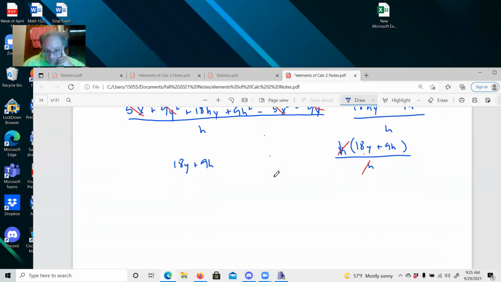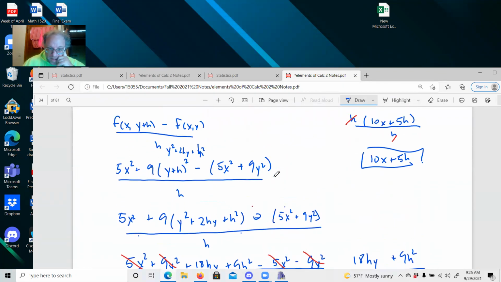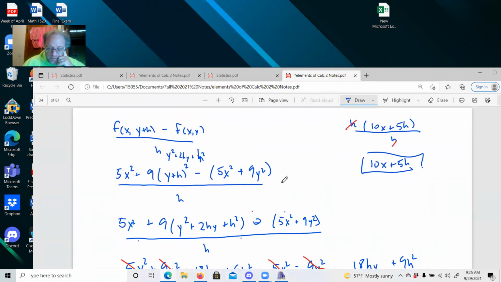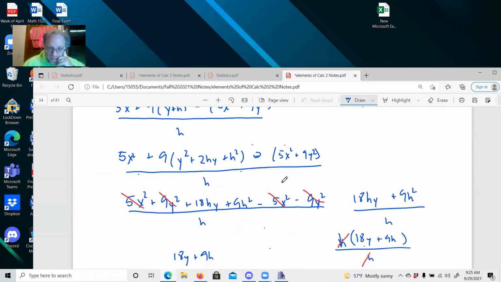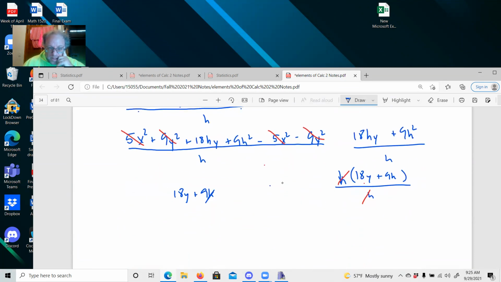Here's the observation I want you to make. As we took the limit, that went to 0. What happened to the terms with just x's in them? They canceled out, they went away.